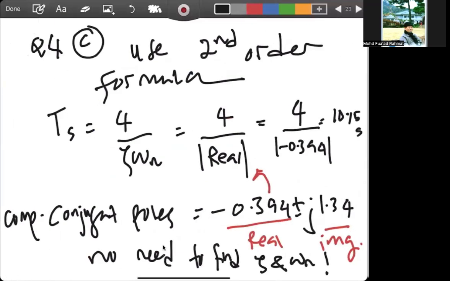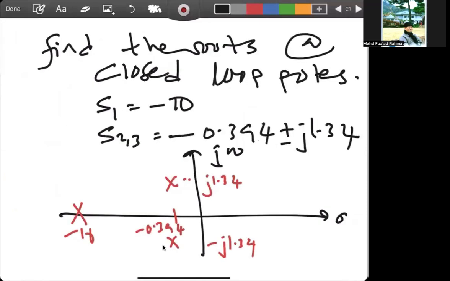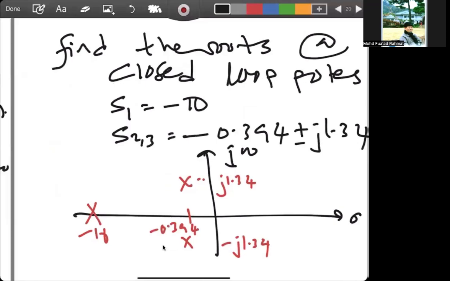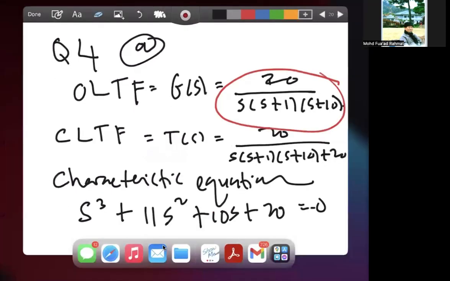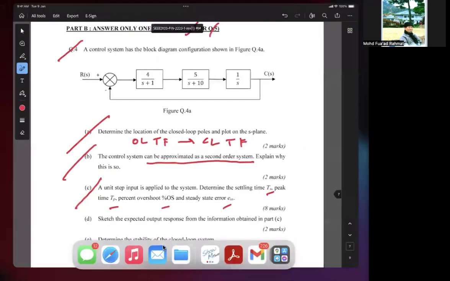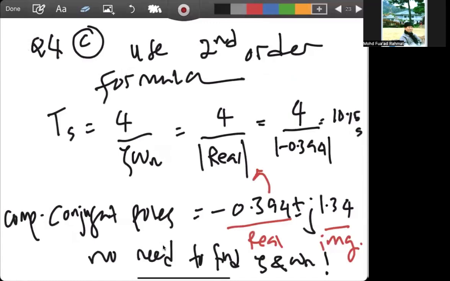What is the K value here? Let me look here. Okay, this one: 20 (S plus 1)(S plus 10).